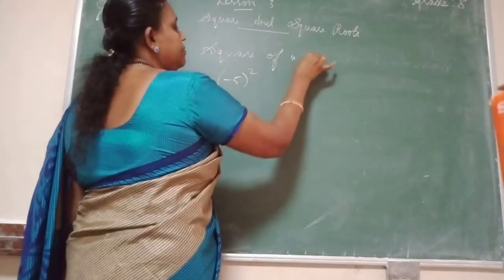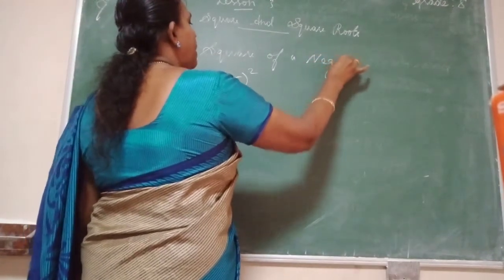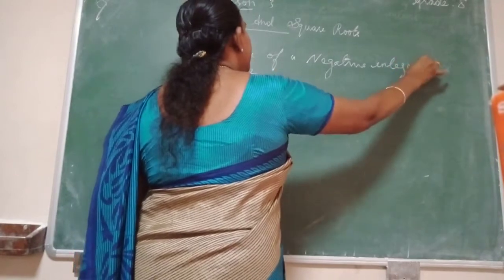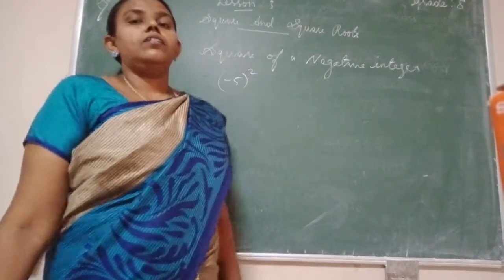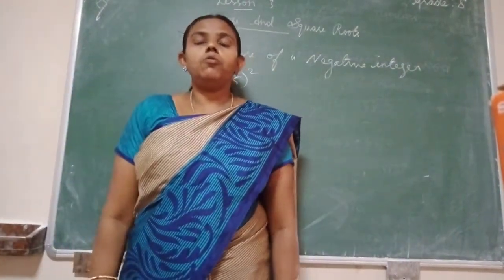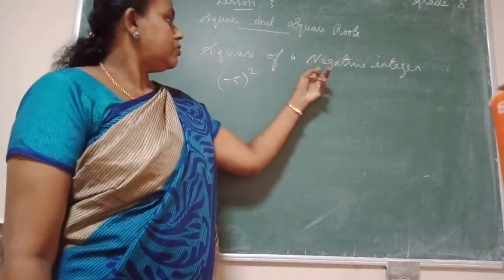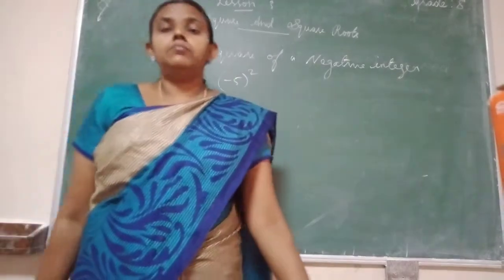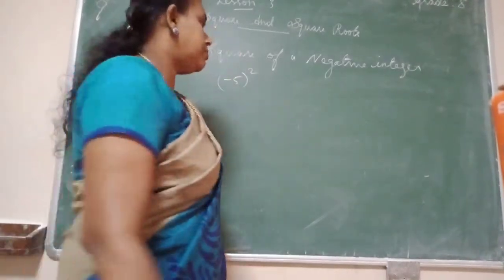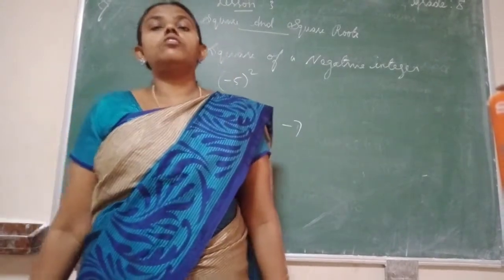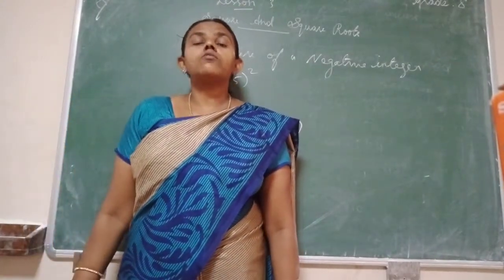Integer means a number that has both positive as well as negative values. 6 and 5 are also integers. But a negative integer is a number having a minus value, that is minus 5 or minus 7 or maybe. So we are going to learn how to find the square of a negative integer.